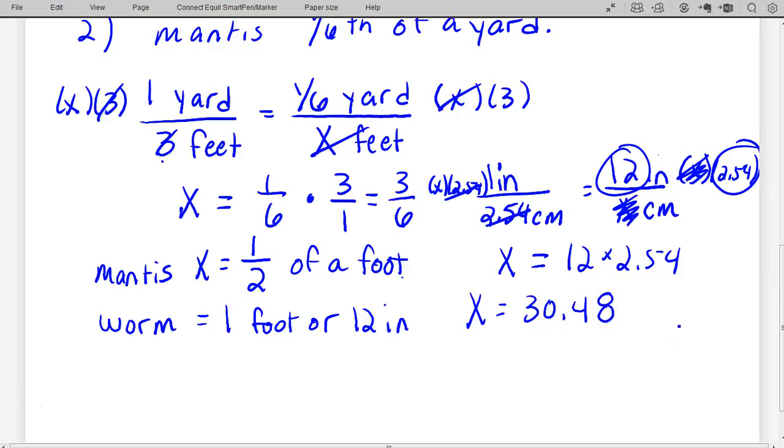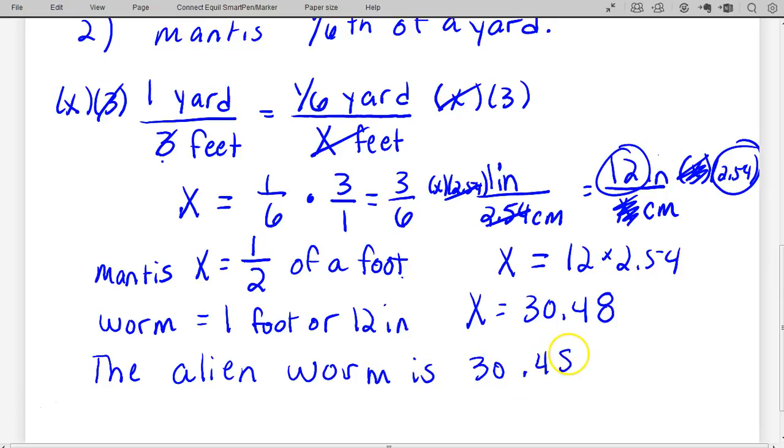So the alien worm is 30.48 centimeters long. Gross, gross, gross.